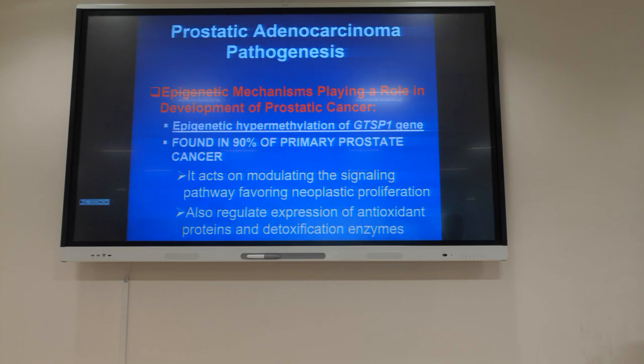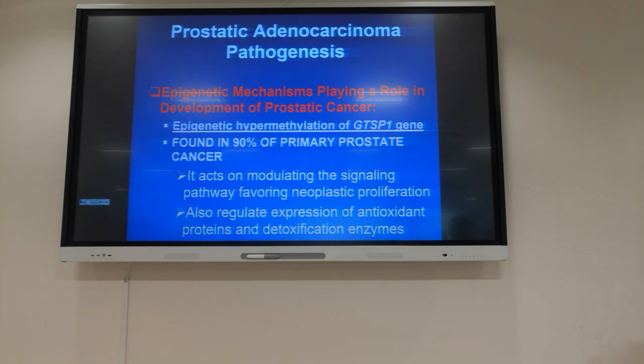Here's another risk factor for the development of prostatic adenocarcinoma. There are epigenetic mechanisms. So it is not simply the genes themselves coding for the genetic material. There are other factors from outside the genome that work on either expression or knockdown of certain genetic material or genetic messages.